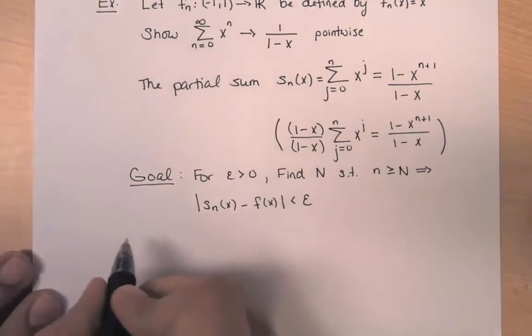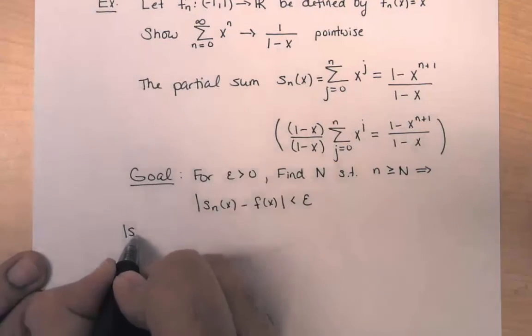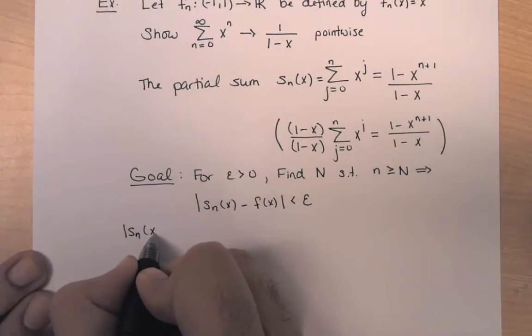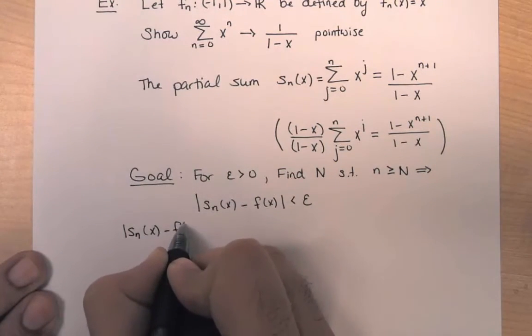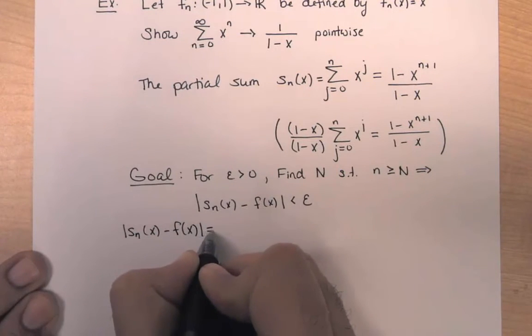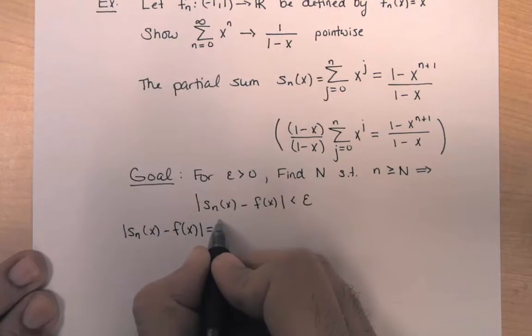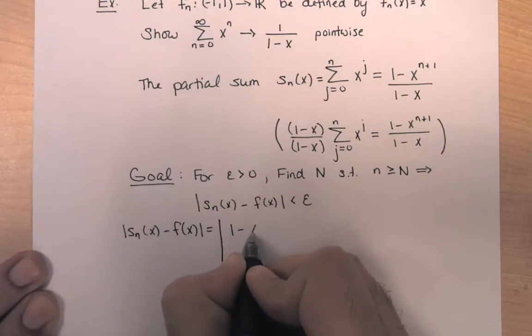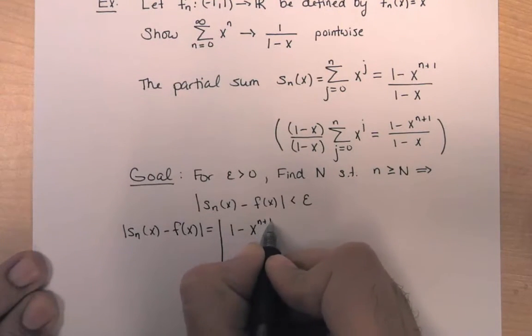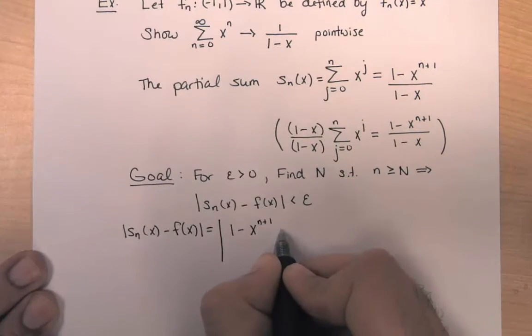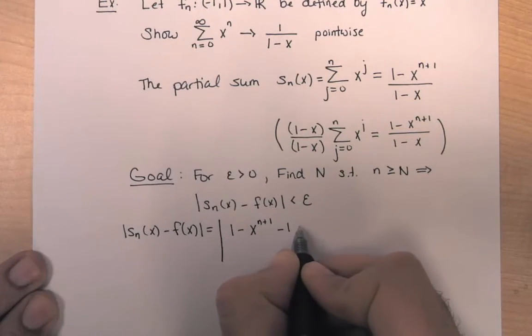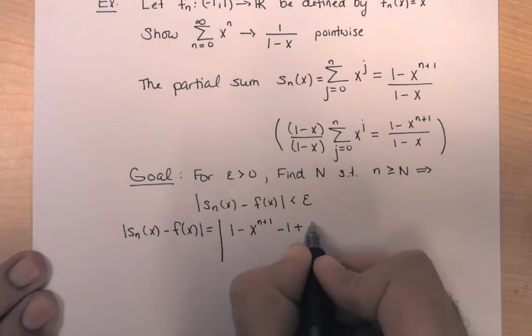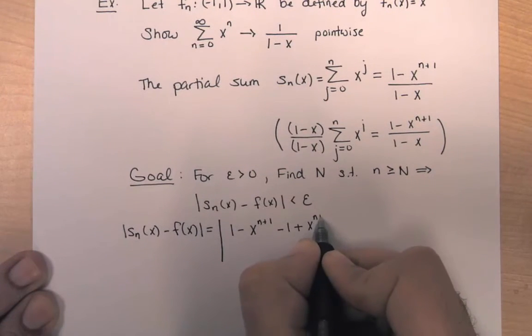Well, what is this equal to? Sn of x minus f of x equals 1 minus x to the n plus 1, minus 1 minus minus, that's a plus, x to the n plus 1.